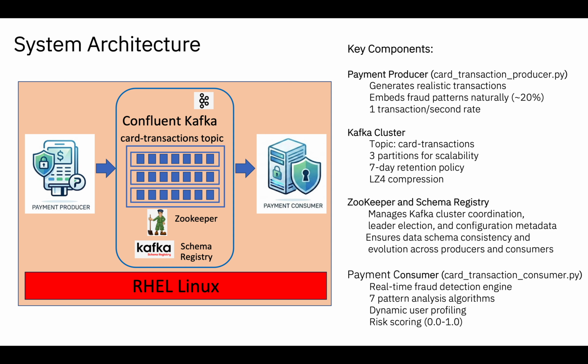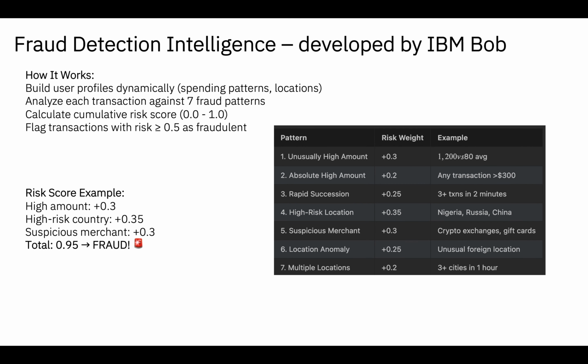Here we have those 7 patterns for analyzing the fraud based on user profiling and doing a risk scoring on a scale of 0 to 1. This is a little deeper dive into what exactly the fraud detection intelligence involves. Basically there are certain patterns, and this is one of the ways of rule-based detection.